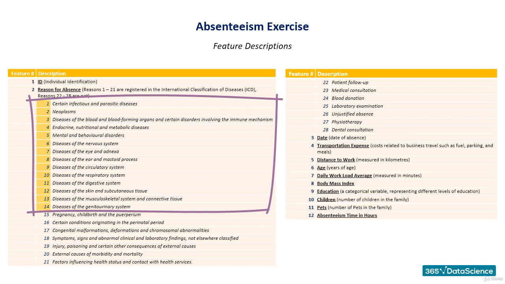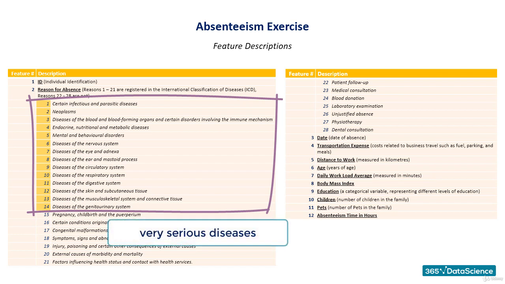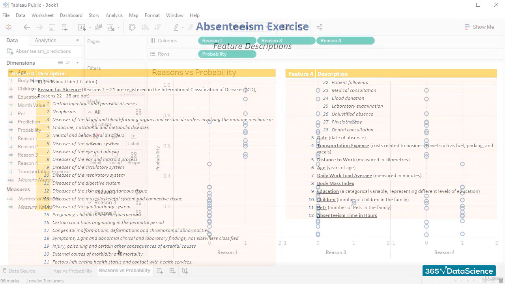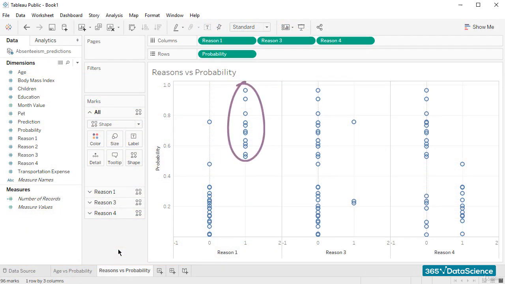Without disrespecting all other reasons, the ones we have here represent very serious diseases. That's why the numbers tell us that the expected probability of an individual to be excessively absent because of a reason from this class is higher than 50%. Great! We can say that was a good match between qualitative and quantitative analysis.